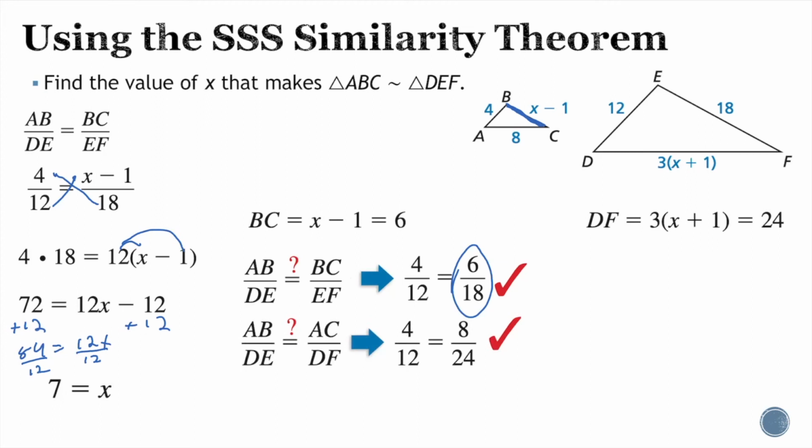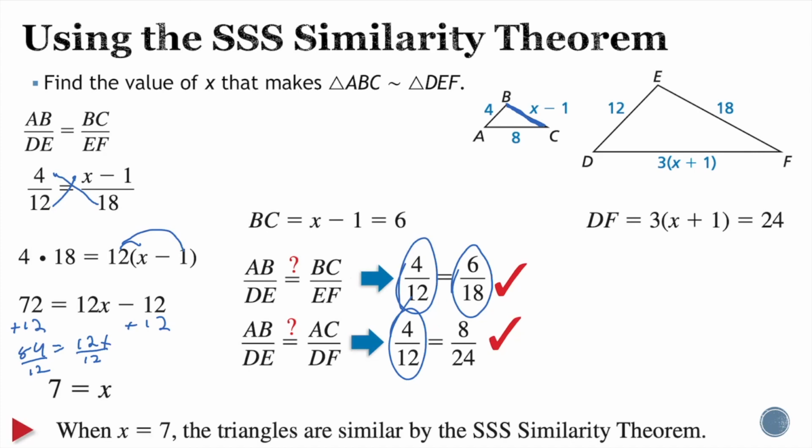And it looks a little backwards. So 4/12, and I can also reduce that if I wanted to, but 4/12 is fine as well. So these are proportional. When x is equal to 7, the triangles are similar by the side-side-side similarity theorem.